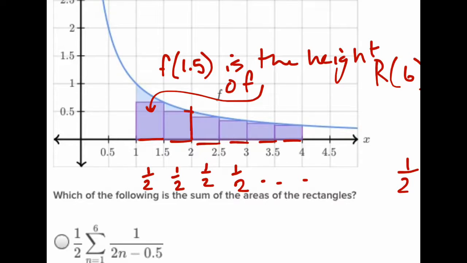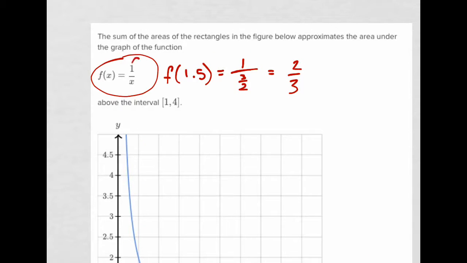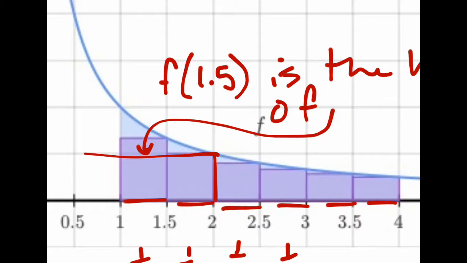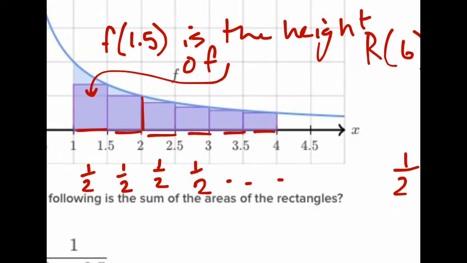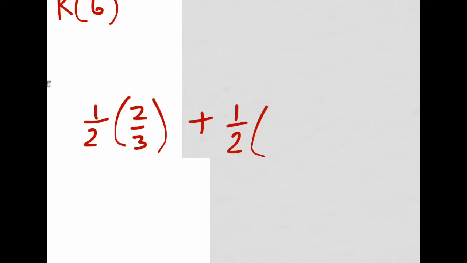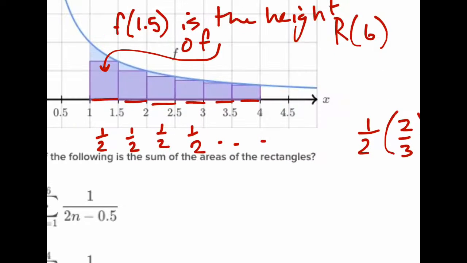If I plug in 2 here, I get 1/2, and that's what it shows on the graph. So that's 1/2 times 1/2 for the second rectangle.